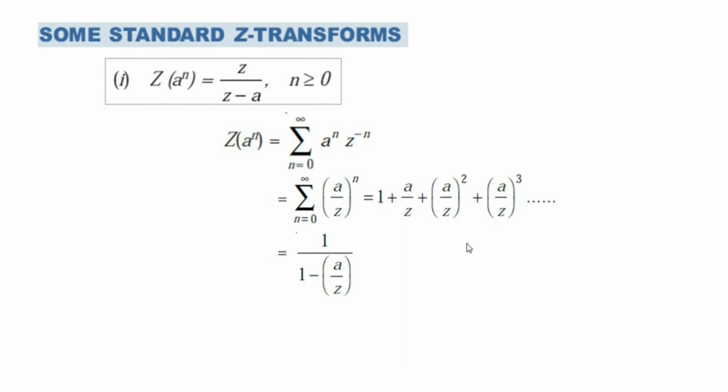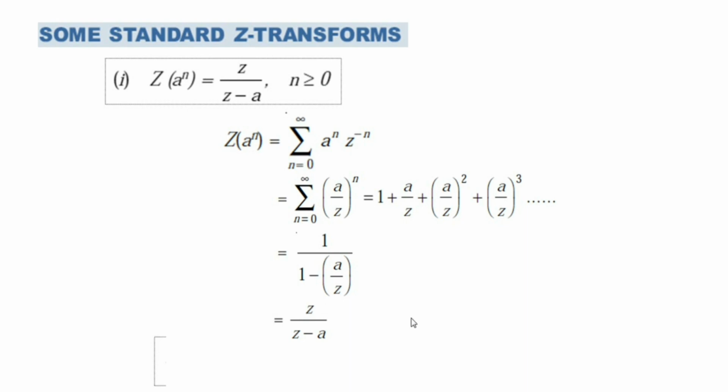We know that the sum of infinite terms of a geometric progression is a/(1-r), where a is the first term and r is the common ratio. According to it, we have 1/(1-a/z), where a is 1 and r is a/z. On simplification, we obtain z/(z-a). Hence, Z{a^n} is z/(z-a).